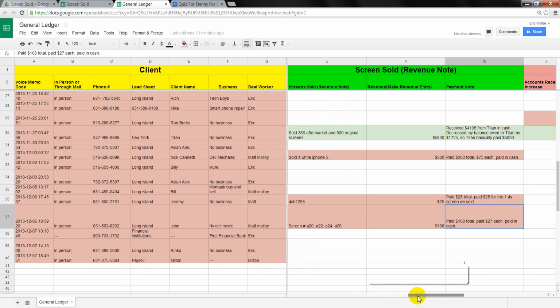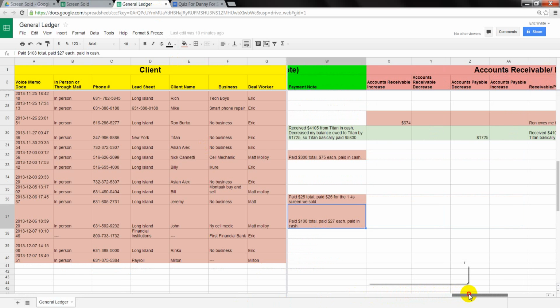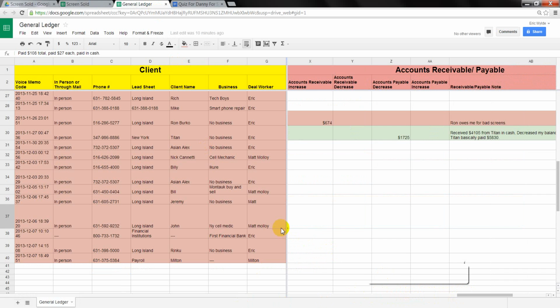The next type of ledger we have is accounts receivable / payable, or accounts payable / receivable. This is a little bit more difficult, but it's pretty important to understand. So basically, accounts receivable is if the company is owed money.